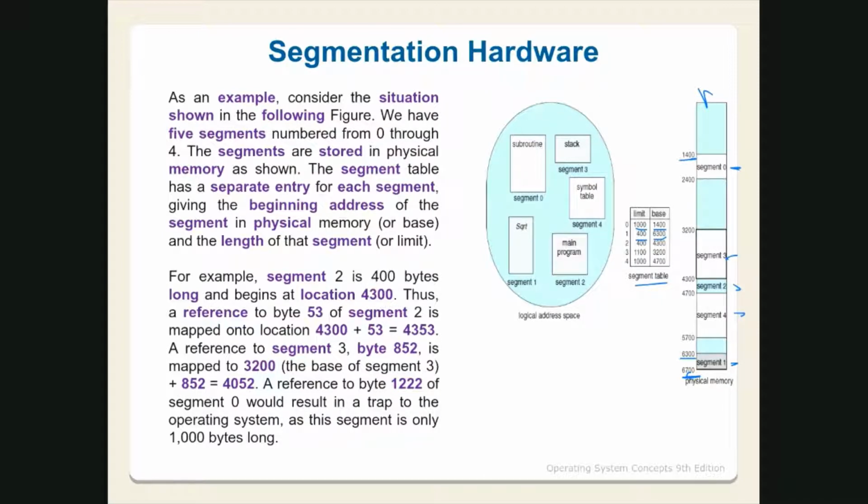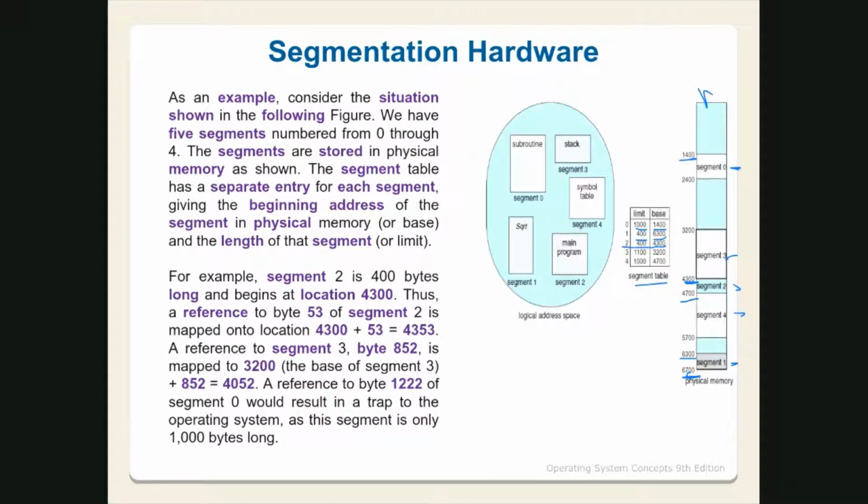Then you go for segment 2 the same way. Segment 2, the size is 400 and the base is 4300. Here comes 4300 where segment 2 starts, and plus 400 you will have the end. In this way you have to understand. Let's assume there is an example.